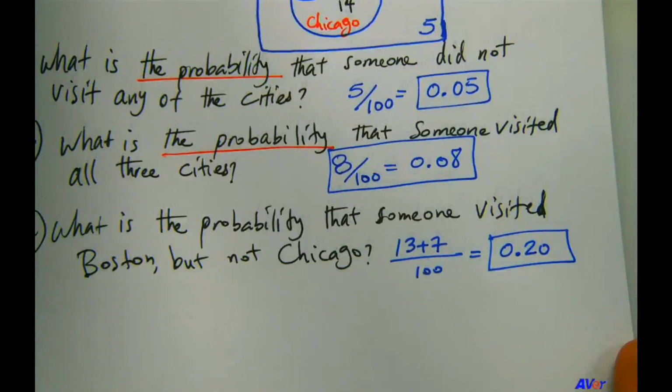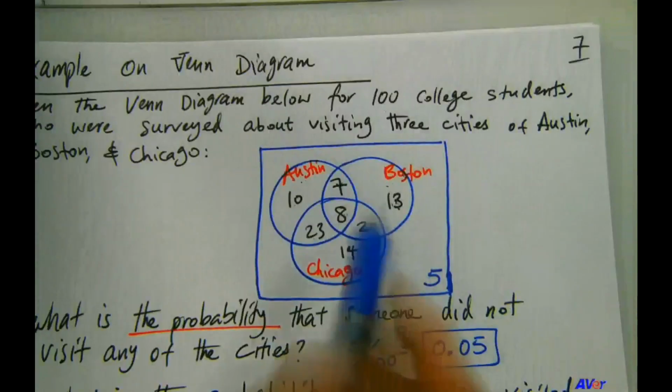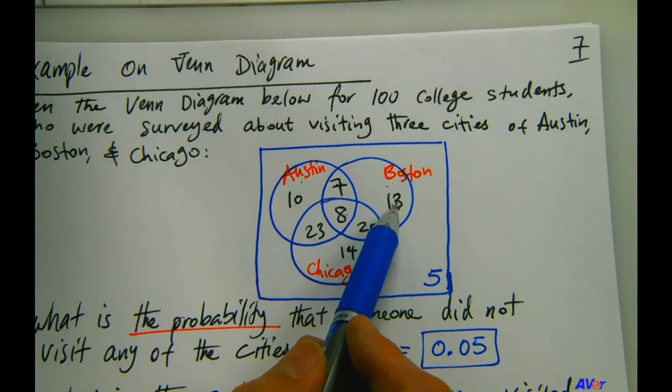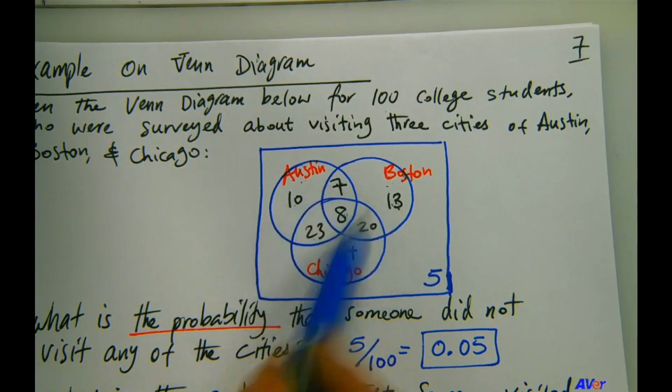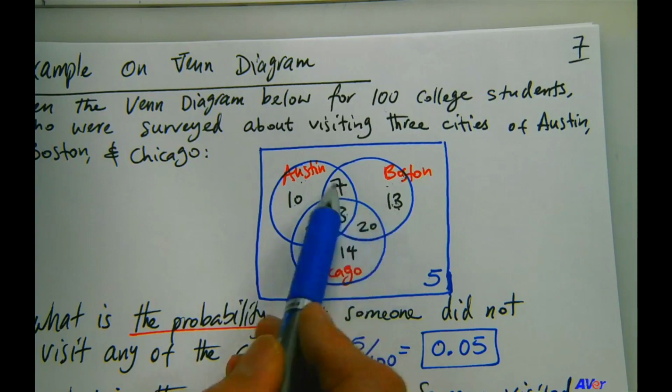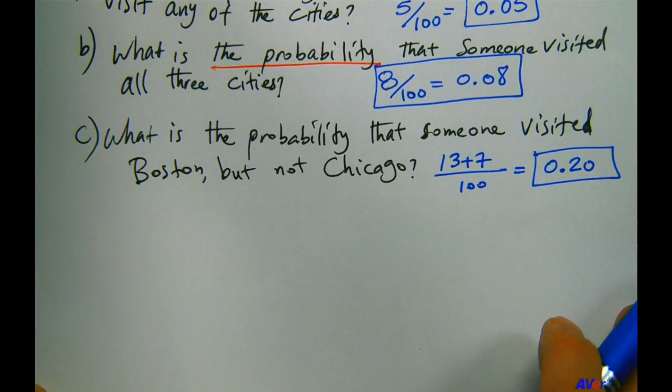So 13 plus 7, that's those who visited just Boston, and 7 is those who visited Boston and Austin, but not Chicago. We have to exclude these 28 because in one form or the other, they visited Chicago. So we don't want these people, but we want these people. 7 plus 13 is 20, divided by 100 is 0.2.